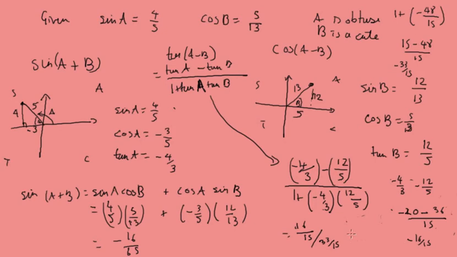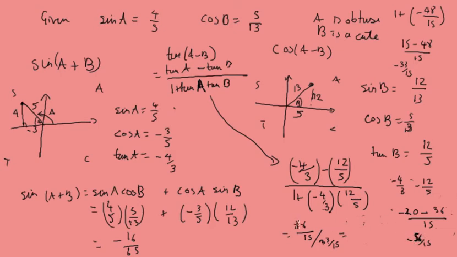The 15s are going to cancel out, so we'll end up with, I think I've messed up, that's going to be minus 56.